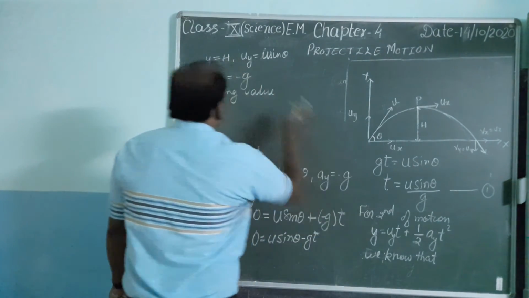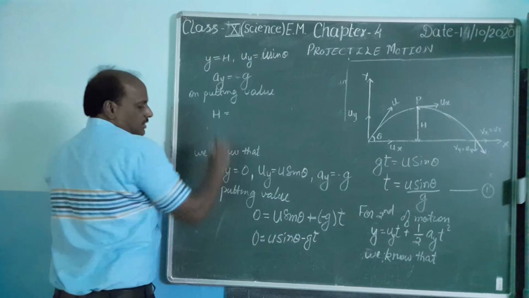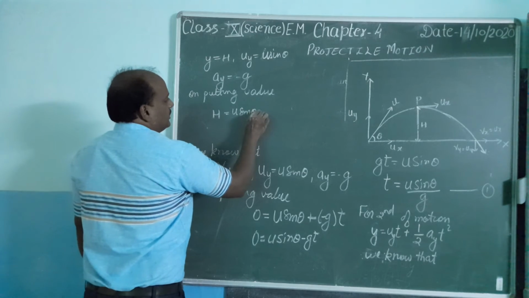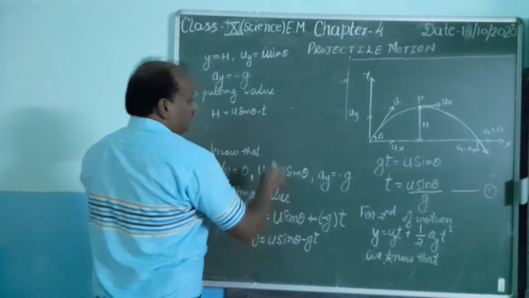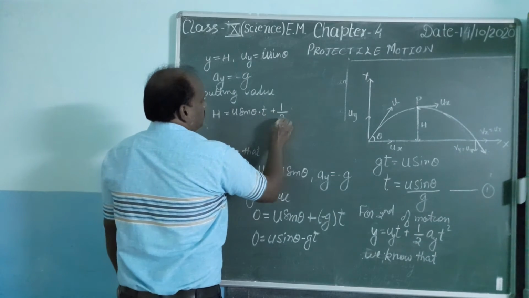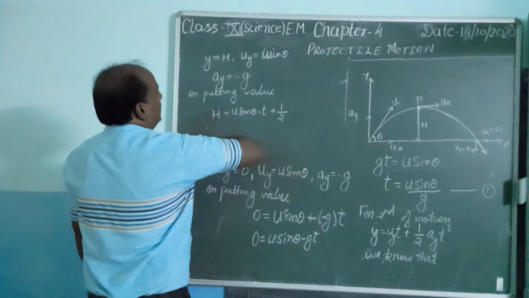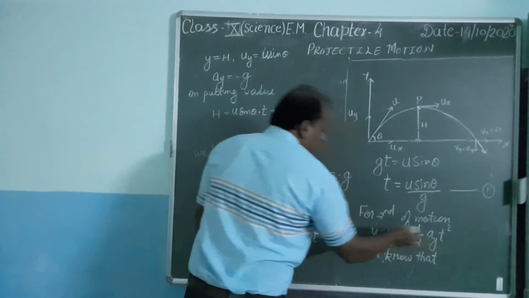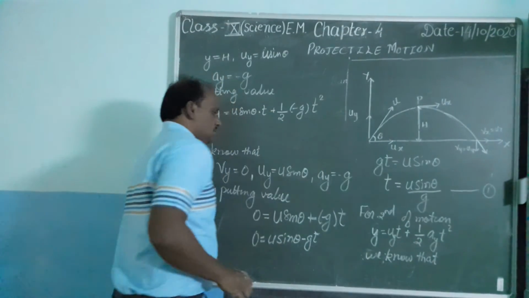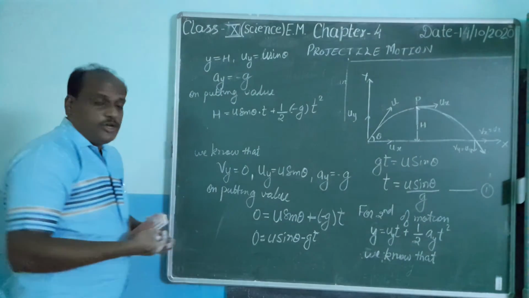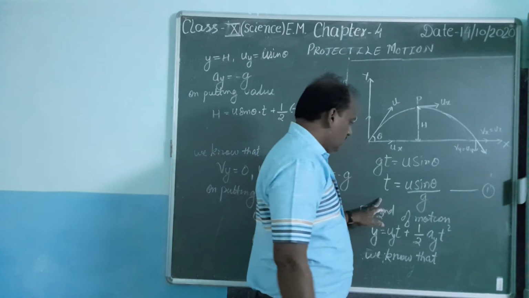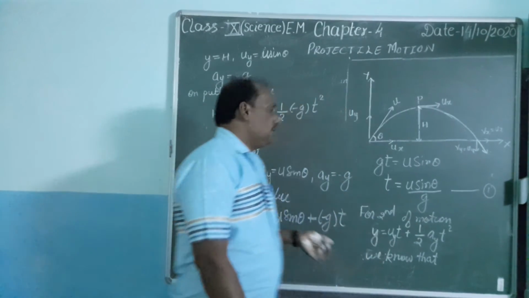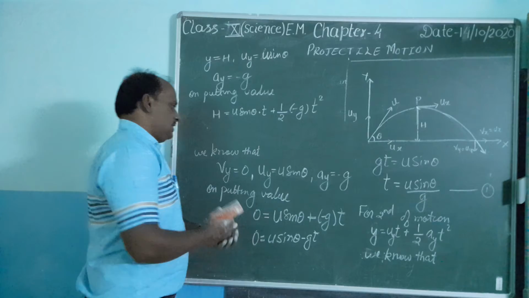On putting values, in place of y we substitute h, equals uy, that is u sin theta into t, plus 1 by 2 times ay, which is minus g, into t square. Now from equation number 1, the value of t is u sin theta upon g. So we will put the value of t in this equation.